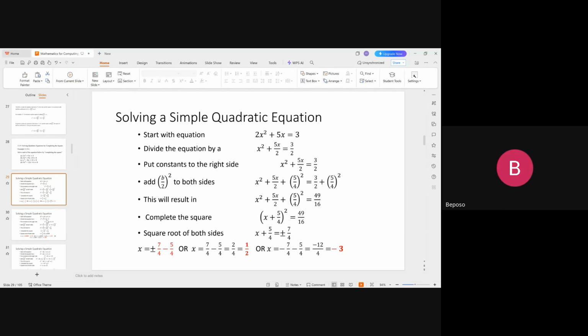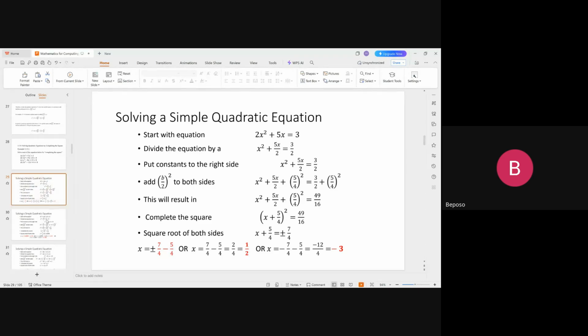Please, looking at the first example, we have x squared, and the step is that we are supposed to add b/2 all squared to both sides. Looking at the second term, we have 5x/2. If we take the coefficient of the x term, which is b, that is 5/2.